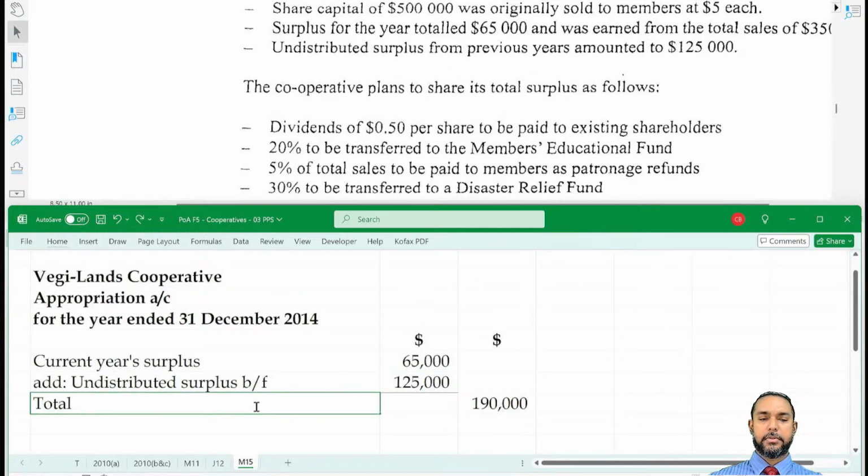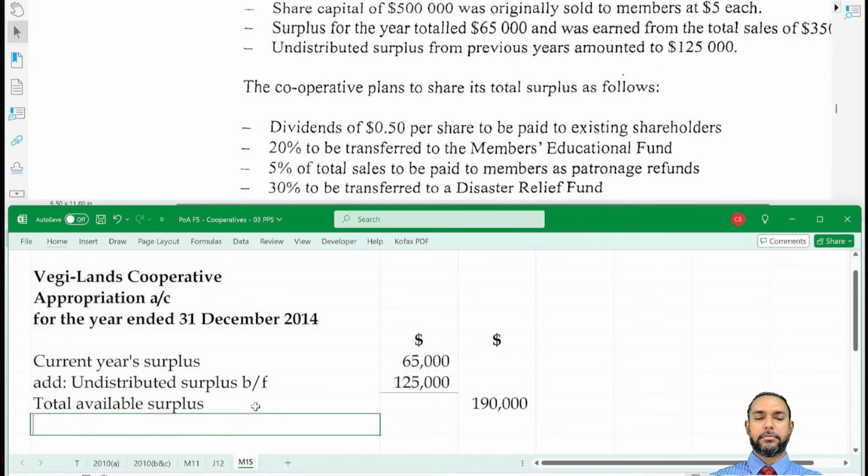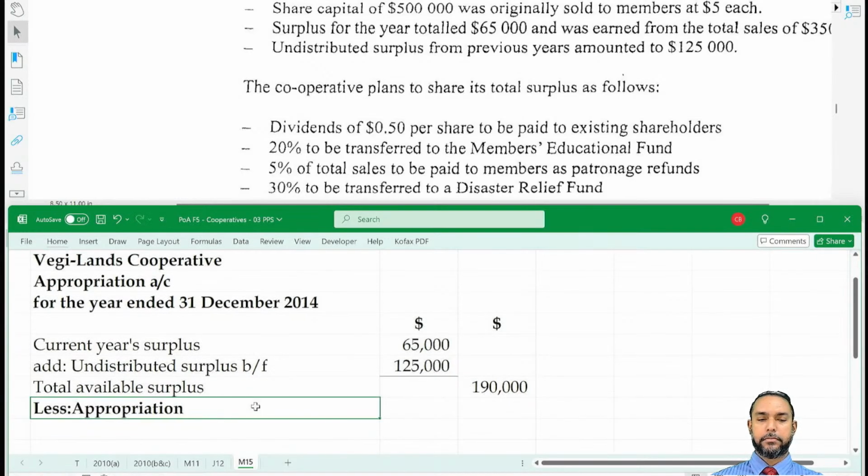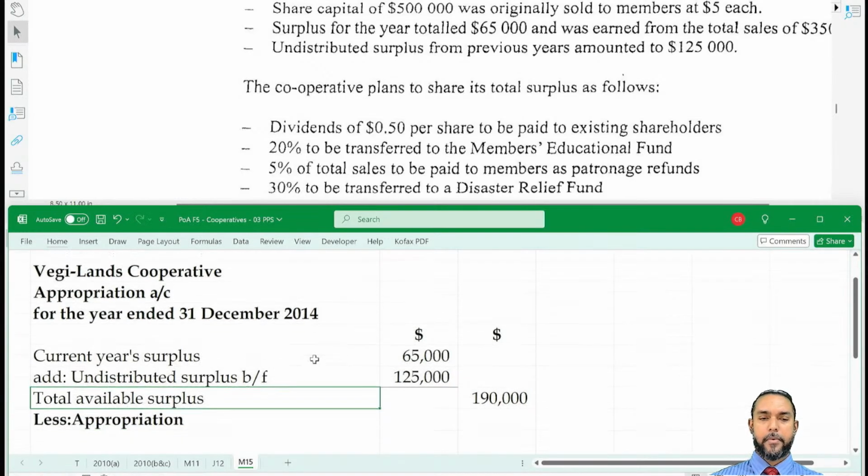Right, and that is the total available surplus, which we will then appropriate.